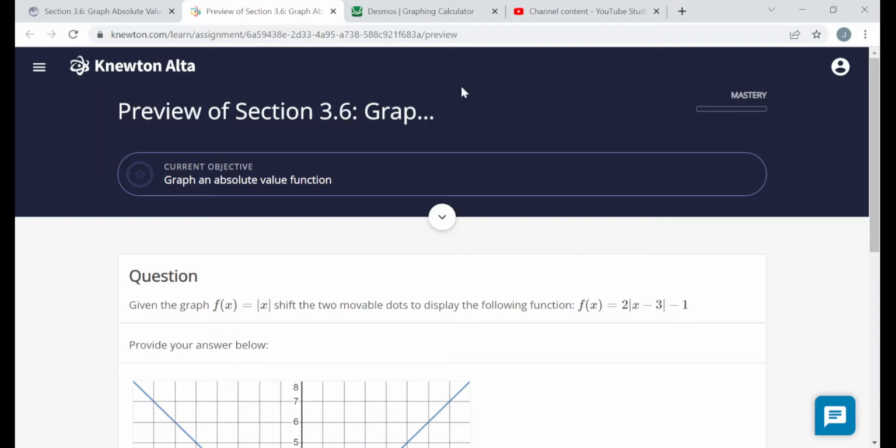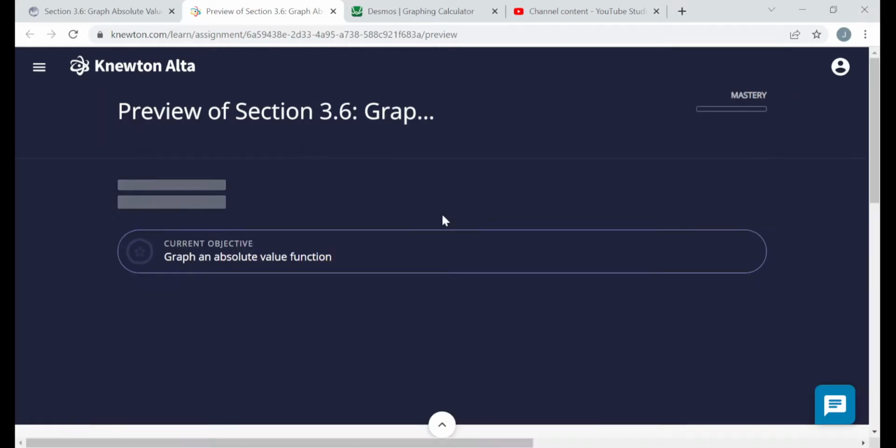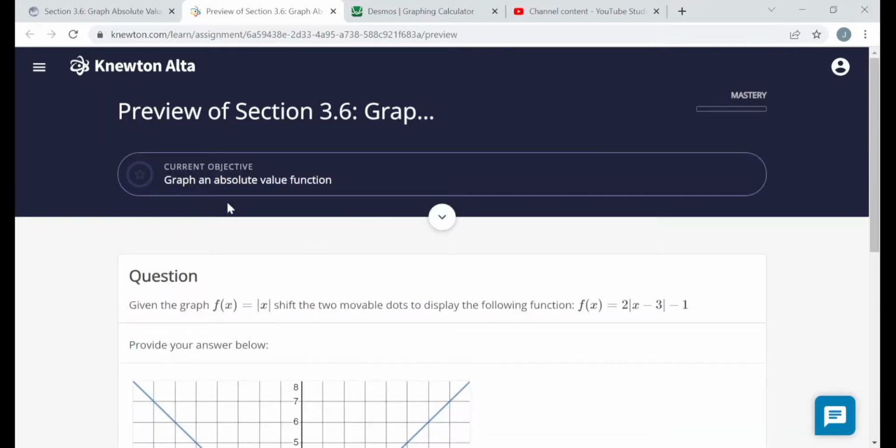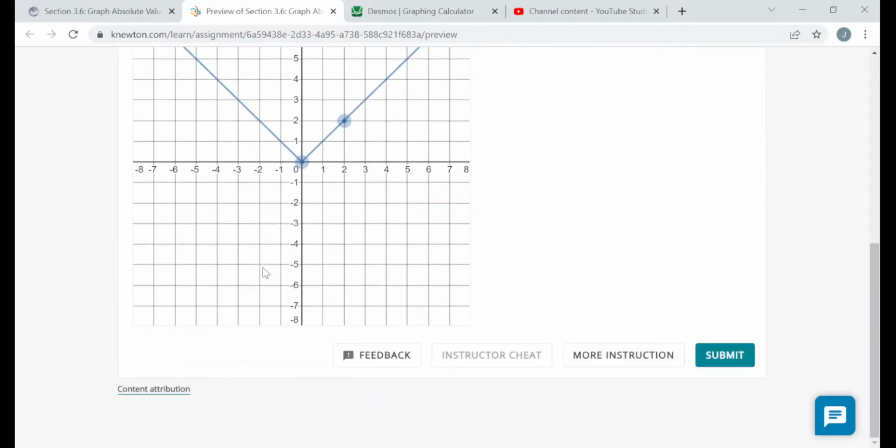So the assignment page here, we've got the title, your mastery bar, and objectives. It looks like there's only the one objective here. Nice. Below the current objective, you have a question related to that objective. At the bottom of every question, you should see a feedback button, where you can send feedback to Knewton if you need to.